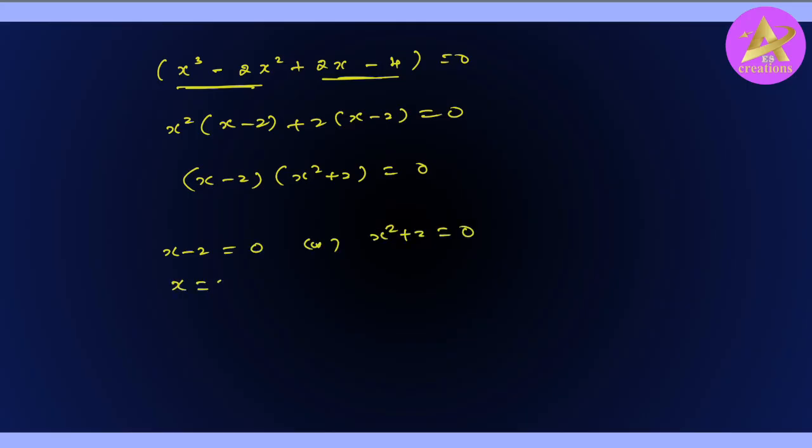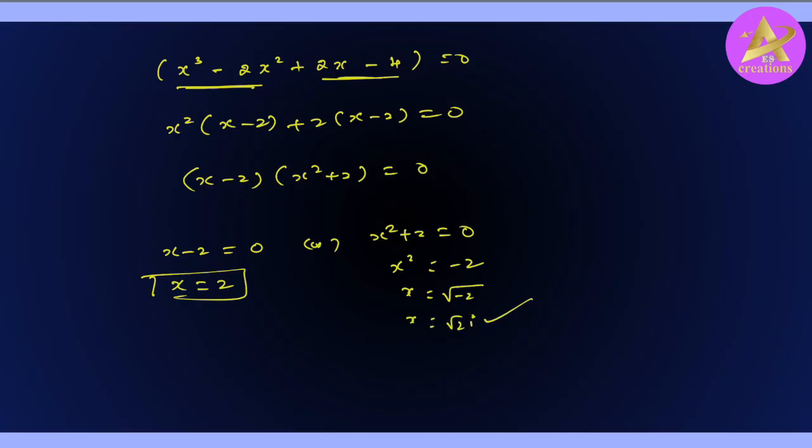From here we get x equal to 2. But here, if you observe, x square is a positive quantity and 2 is also a positive quantity, so it is completely positive, that means it is always greater than 0. It is never equal to 0, right? Otherwise, if you simplify, x square equals minus 2, so x equals square root of minus 2, x equals root 2 iota.